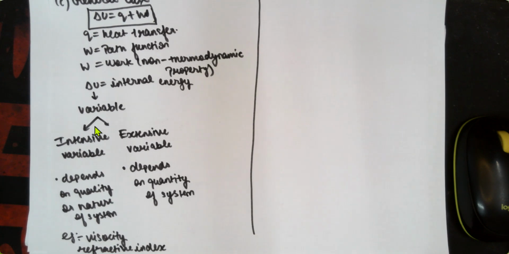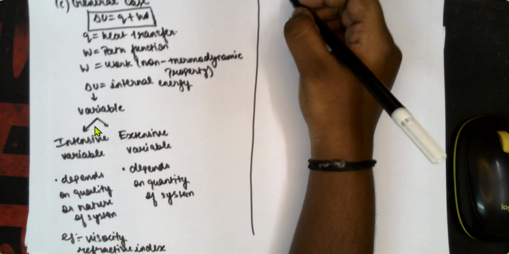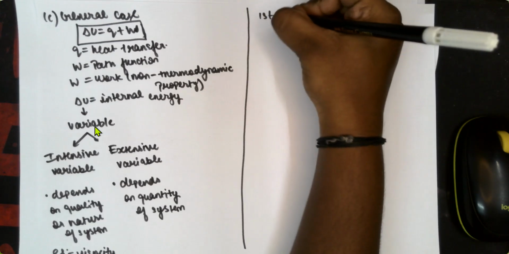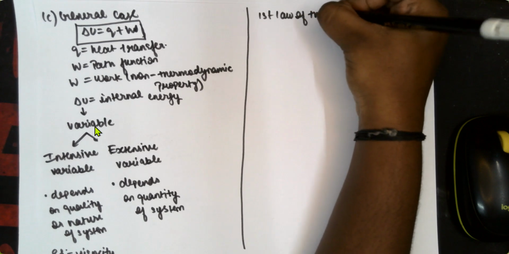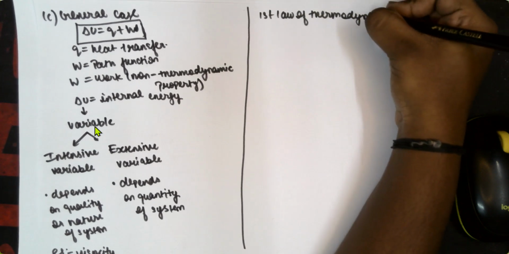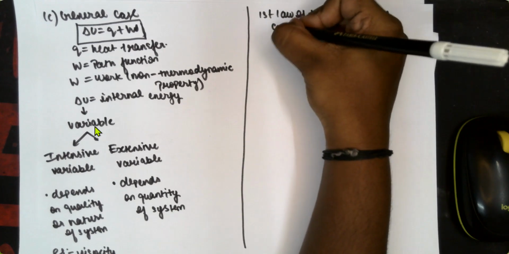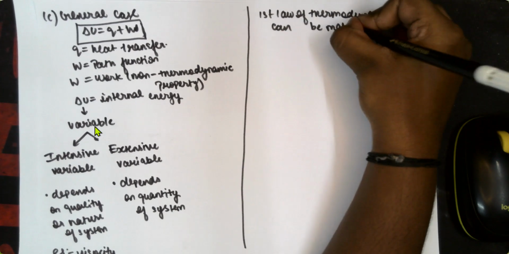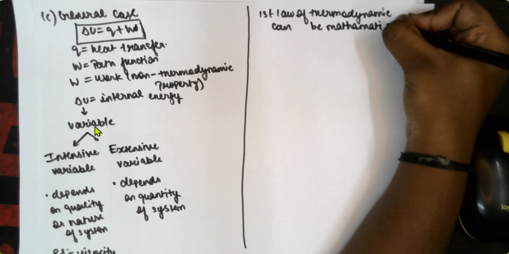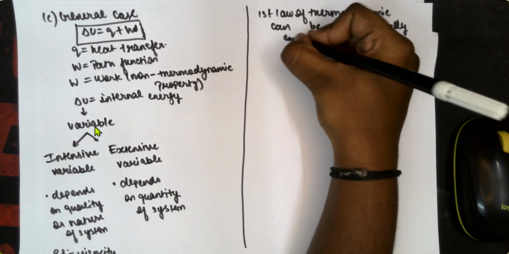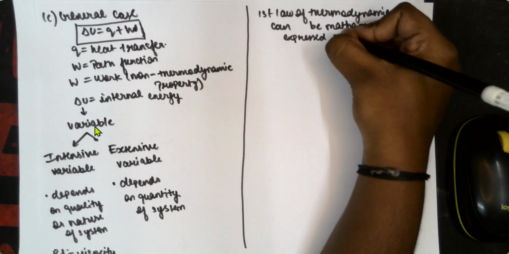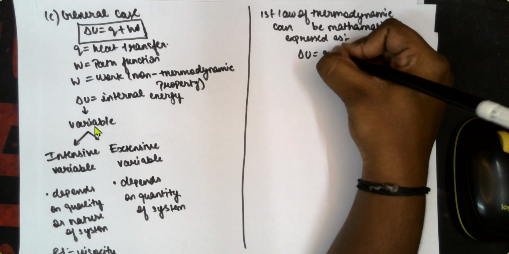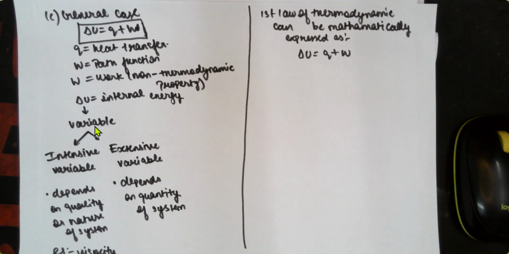Now, as I already mentioned, delta U equals Q plus W is the mathematical statement of the first law of thermodynamics. Please make it ready. So, the mathematical representation of the first law of thermodynamics is delta U is equal to Q plus W. According to this, the energy of an isolated system is constant. So energy can neither be created nor be destroyed according to the first law of thermodynamics.